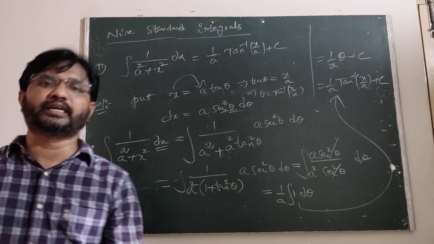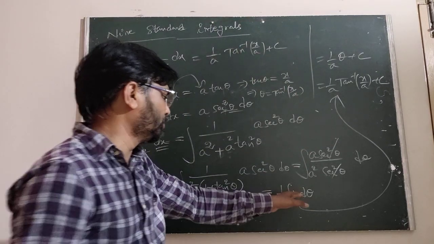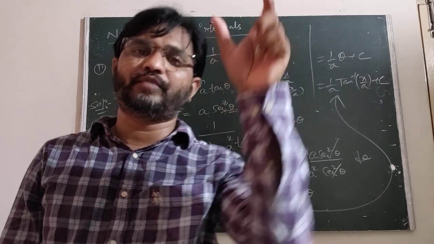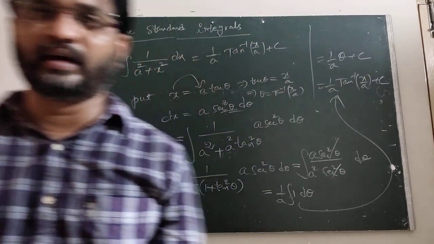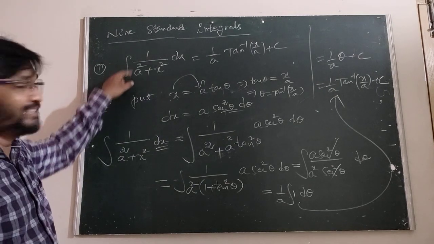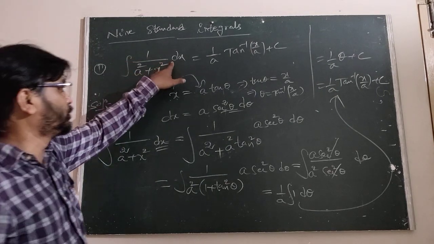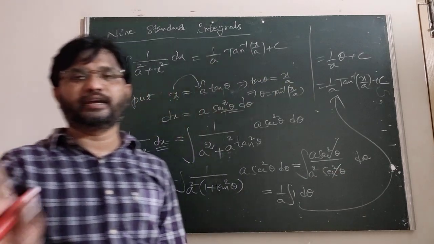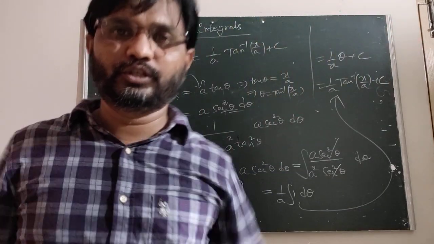The integral of 1 into d theta is theta, and theta is tan inverse of x by a. This is our required solution: the integral of 1 by a square plus x square into dx is 1 by a into tan inverse of x by a plus c. Is it okay?